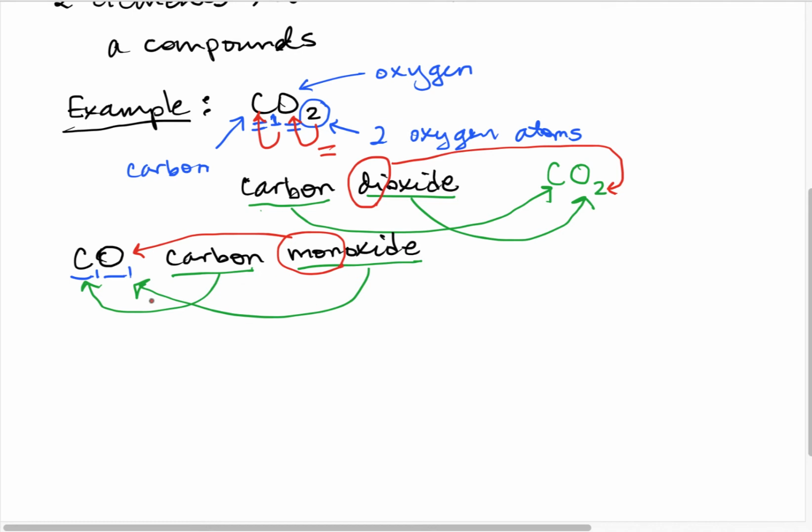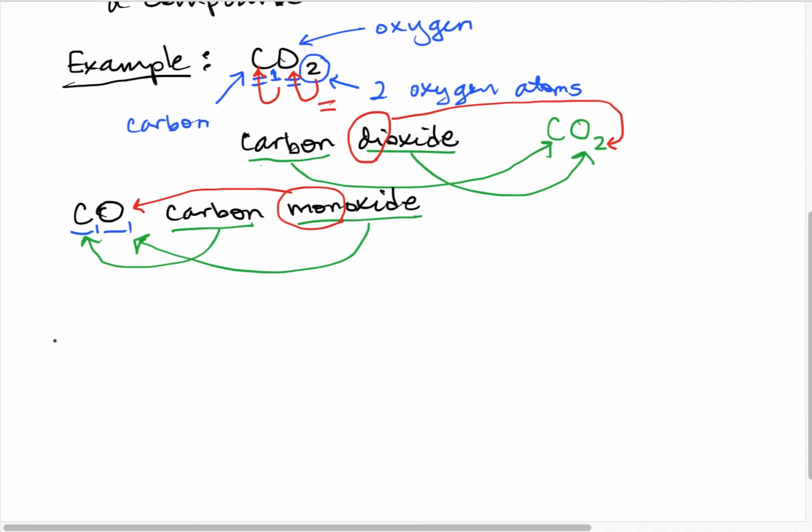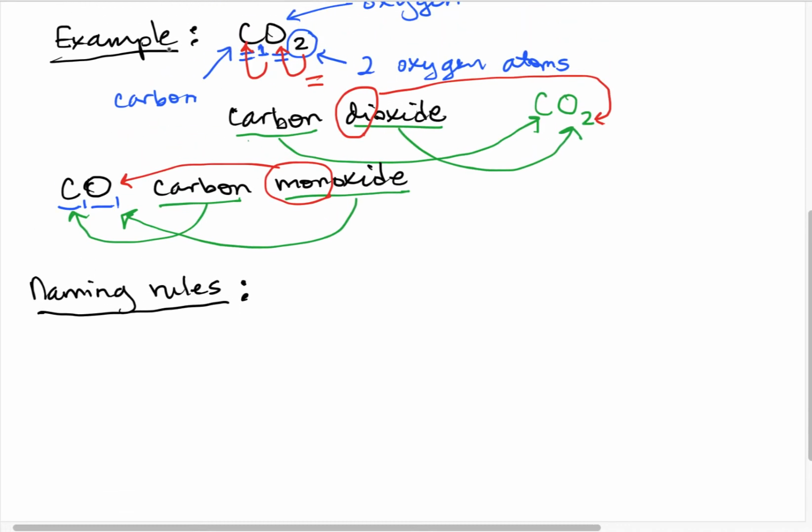And so when we talk about naming these compounds, we have some naming rules. So I'm going to summarize what we've seen so far, which is with this first element, we just name it.